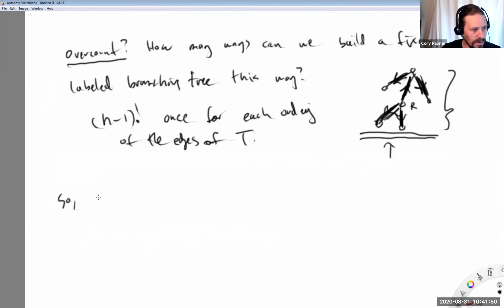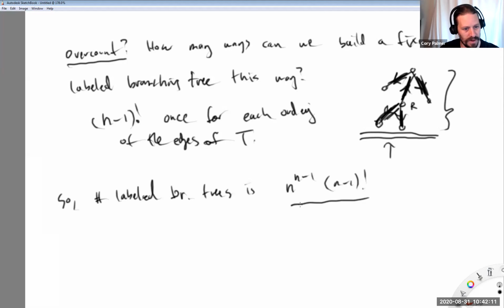So the number of labeled branching forests, trees, is n to the n minus 1 factorial divided by n minus 1 factorial, which is n to the n minus 1.